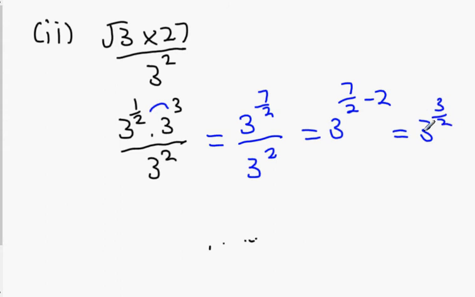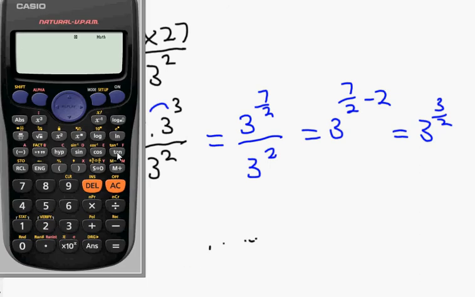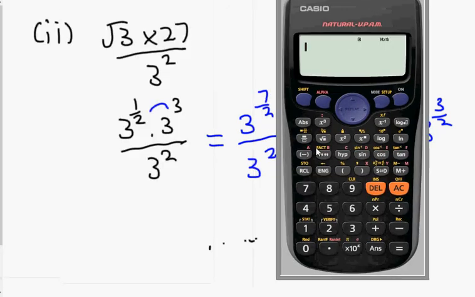We're now going to come up with a backup plan. This is how you get full marks. I'm going to show you a way that if you really get brain freeze and can't do it, you might pick up something as opposed to nothing. Now what you could do is go to your calculator and hope you get lucky, as in the answer comes out reasonably nice. So you put in root 3 by 27 divided by 3 squared.